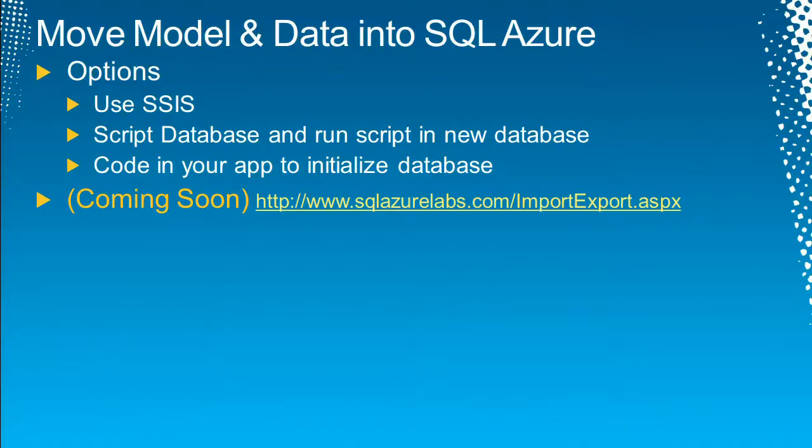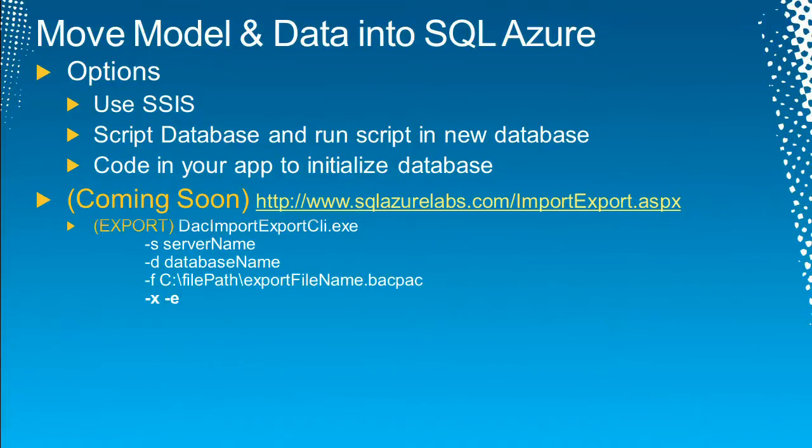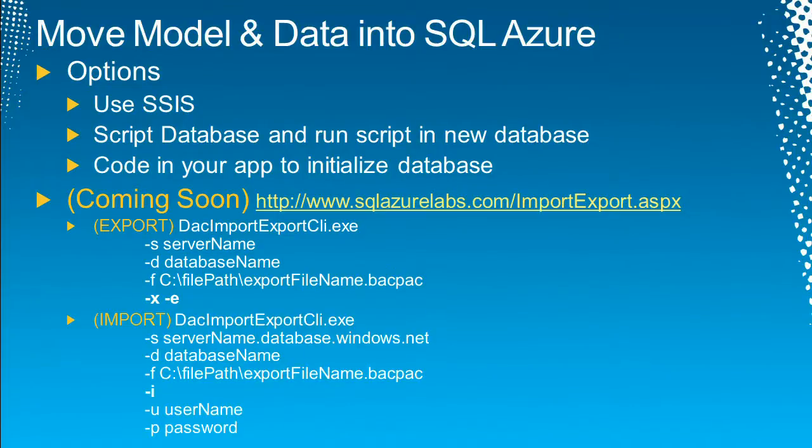And in SQL Azure Labs, they also have this import-export tool. It's not available in SQL Azure for real yet, but it will be soon. That allows you to export a database. So you could use this to export your local database that you've been developing with, and then publish it up into the server. It's just a command line tool.